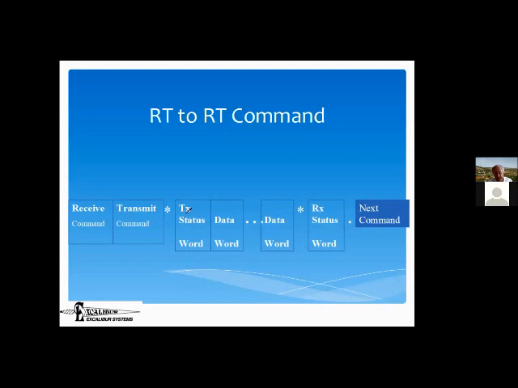And here it's not. It's after two command words, and then status and the data. Remember, this status word does not contain a subaddress or a word count. He had to get that from here. So the RT has to, after he gets this command, know to ignore this command, ignore the status word, and just take the data.